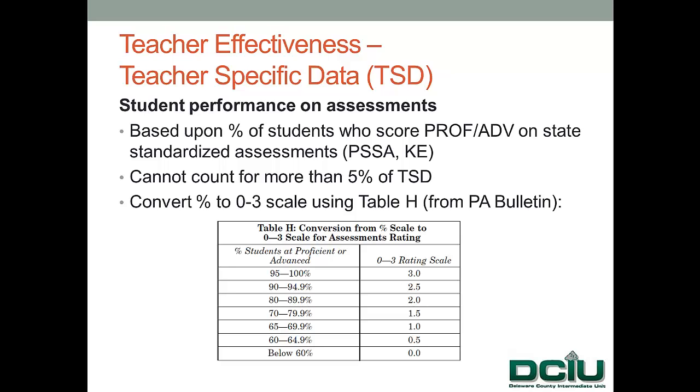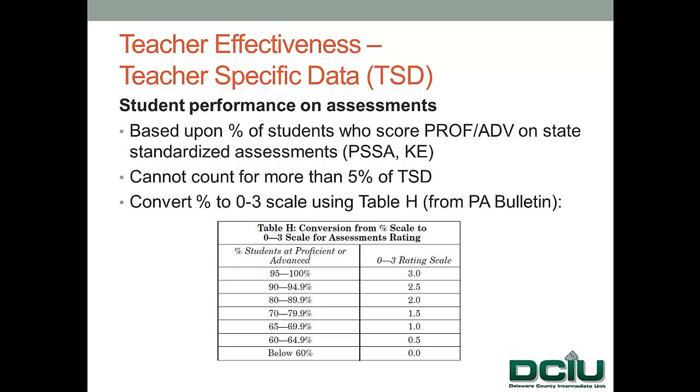This particular portion cannot count for more than 5% of teacher-specific data. So that is 5% of that 15%, meaning 1/3. It cannot count for more than 1/3 of teacher-specific data.